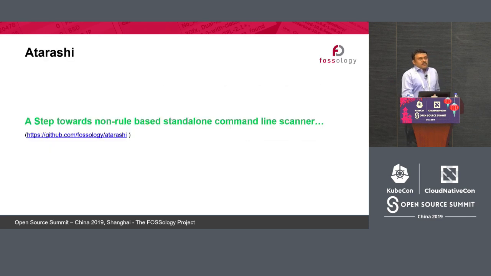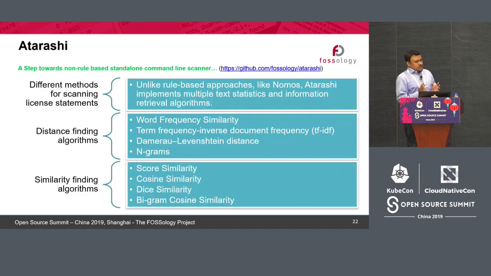Now we have seen a couple of agents, like Nomos scan, Monk, and bulk scanning. As part of last year's GSOC, Google Summer of Code, our student Aman helped us develop one more agent, which we call Atarashi. It is not a rule-based command line tool, but it uses statistical and algebraic methods to find the license information in your file.